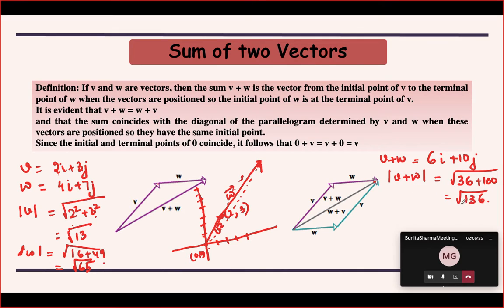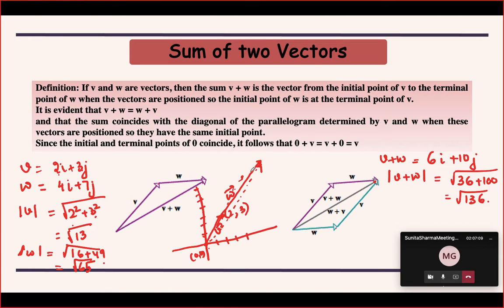The relationship will not hold here as such, because this is a distance. Obviously the slopes are different, so there will be some angle between these two lines, and when you join them, this is your v plus w. Obviously it is not equal to the numerical v plus w; this length will be different from that. Is it clear now?